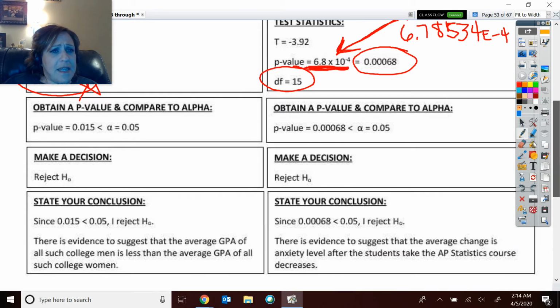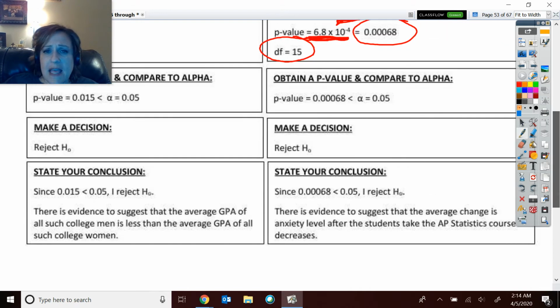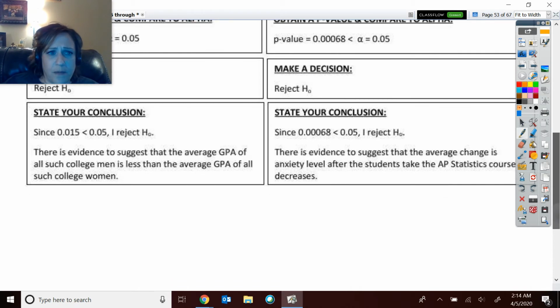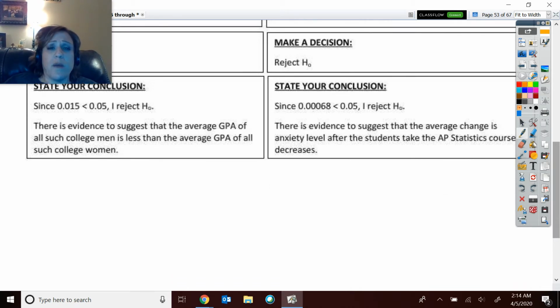So we obtained a p-value, we compared it to alpha. In both cases, they were less than that, so we rejected the null. Therefore, in both cases, we do have evidence of HA, but let's take a look at how that looks. On the left, when I'm writing my conclusion, I'm writing it with 2 averages words.